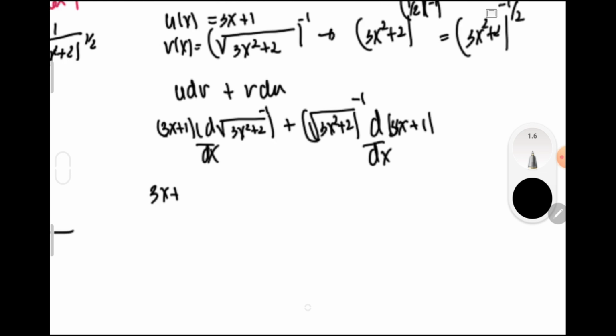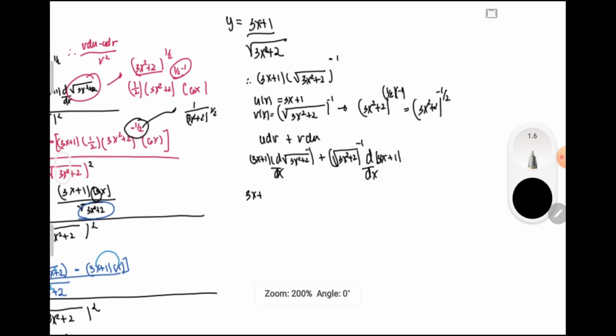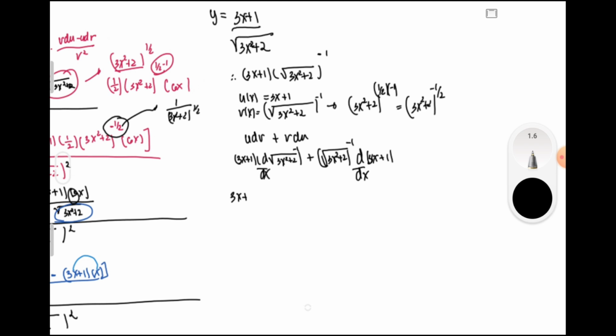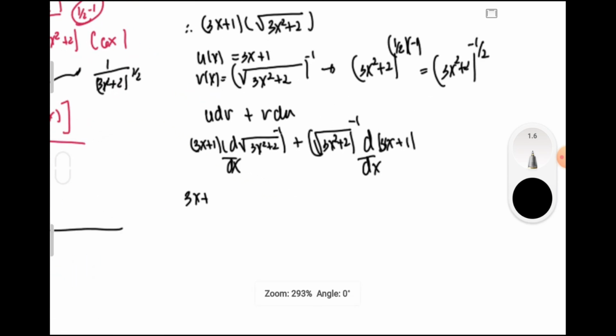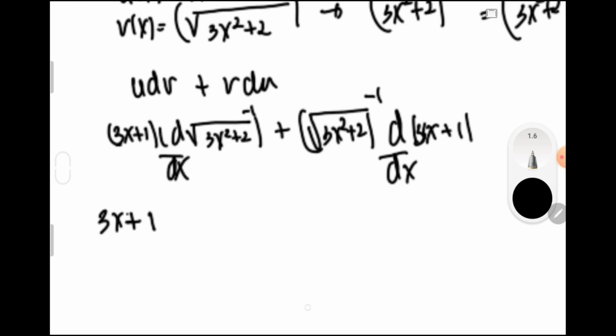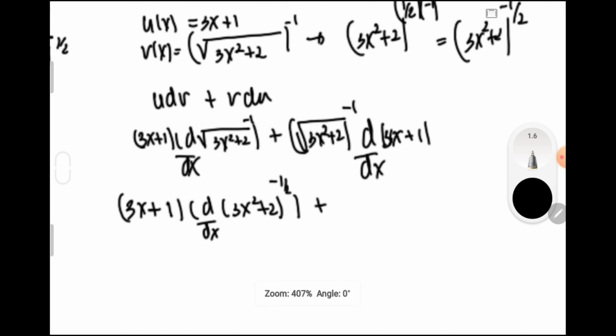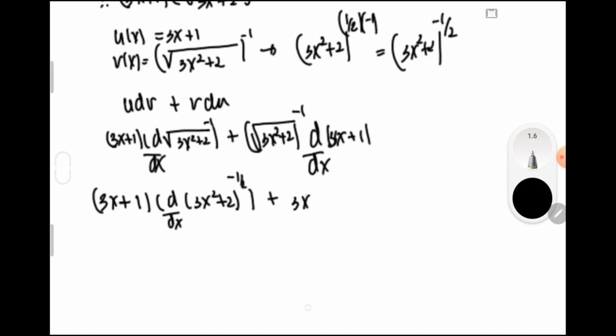Okay? So therefore, we'll have a value equal to 3x plus 1, right? 3x plus 1, multiplied by the derivative of our 3x squared plus 2 raised to negative 1 half with respect to dx, plus our 3x squared plus 2 raised to negative 1 half multiplied by the derivative of 3x plus 1 with respect to dx.